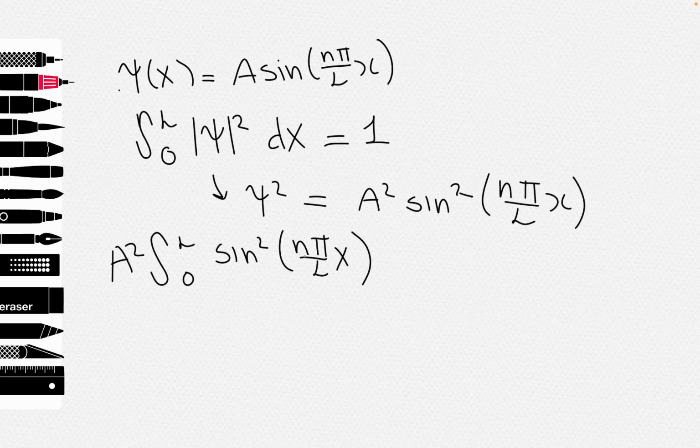But you should be able to find a trig identity online, or your teacher might give it to you, and solving it will yield that the constant a should equal square root of 2 over L.